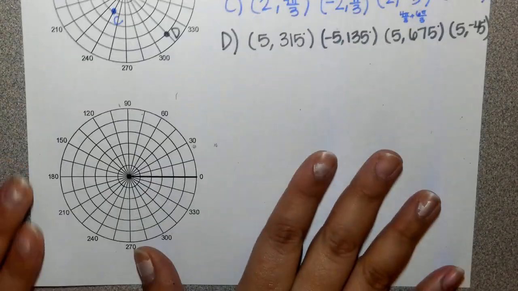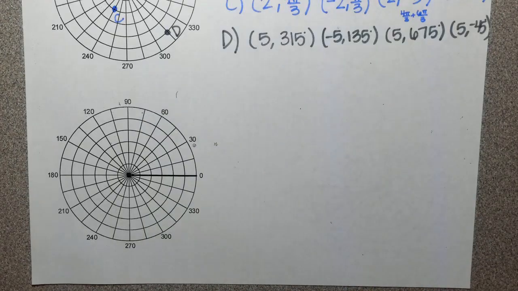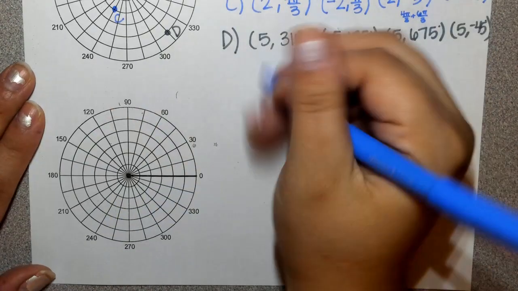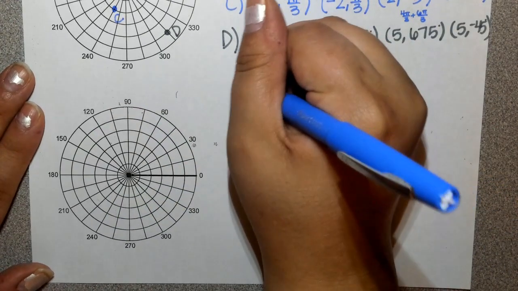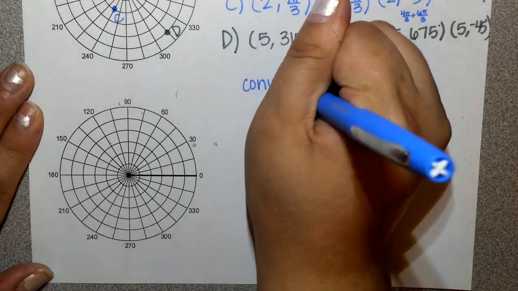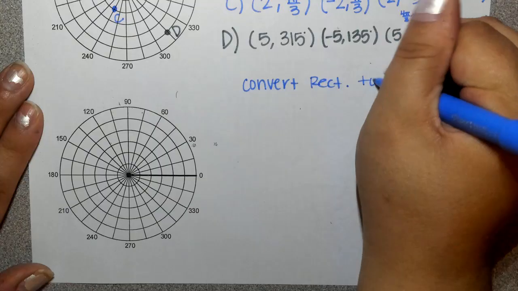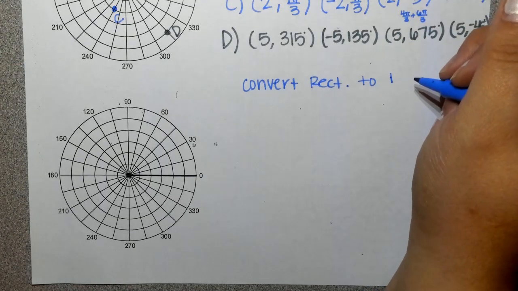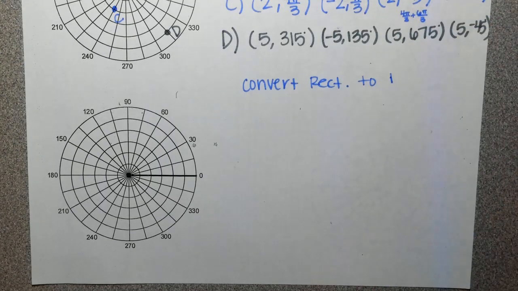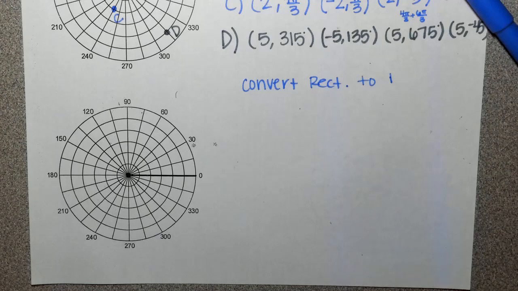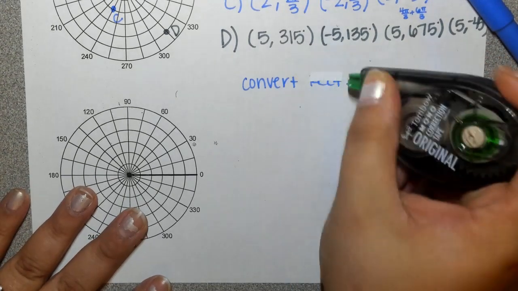Today we are going to be converting. So this next graph, we are going to convert rectangular to... I'm sorry, that's wrong. We're converting polar first. We're on the third graph at the bottom.